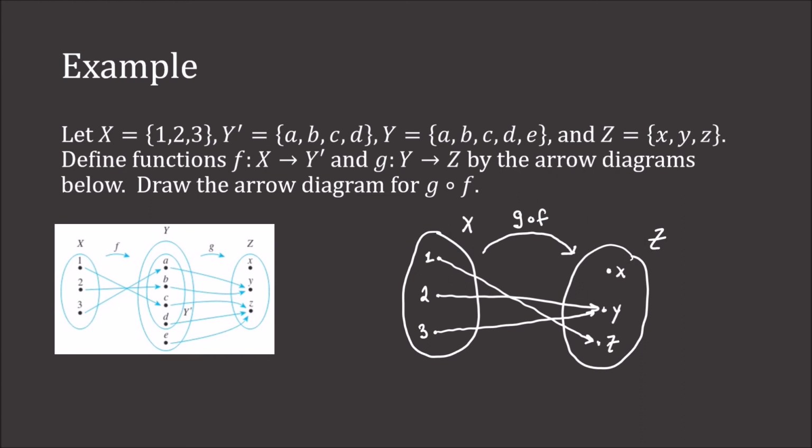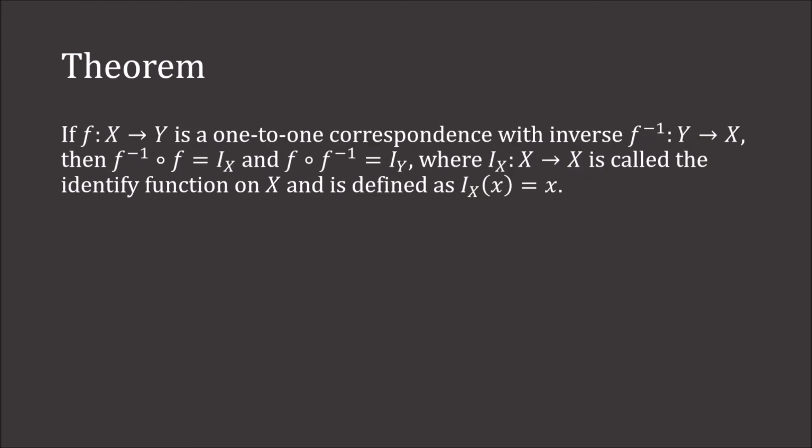So now with composition of functions, we actually have a new way to define inverse functions. We could have used either the first theorem or this one to define an inverse function.